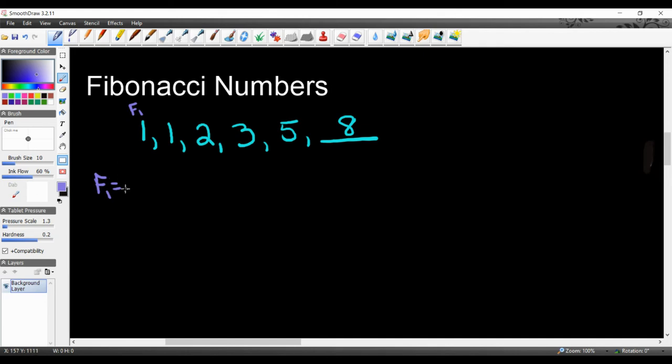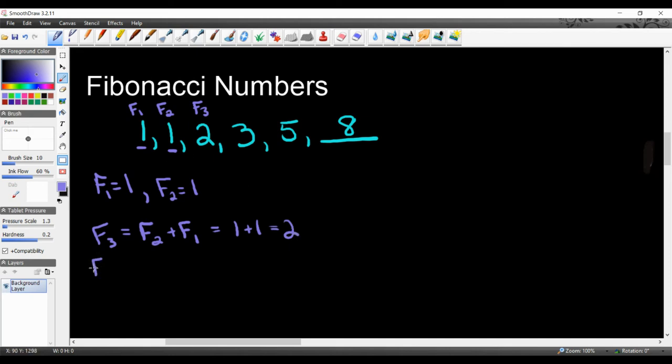So f of 1 is equal to 1, always. f of 2 is also equal to 1, always. f of 3, well, I know it's equal to 2, but I don't want to use those numbers anymore. I'm going to use what I already have. So f of 3 is equal to f of 2 plus f of 1. In other words, it's this one plus this one, which is 1 plus 1, giving me that 2 right there.